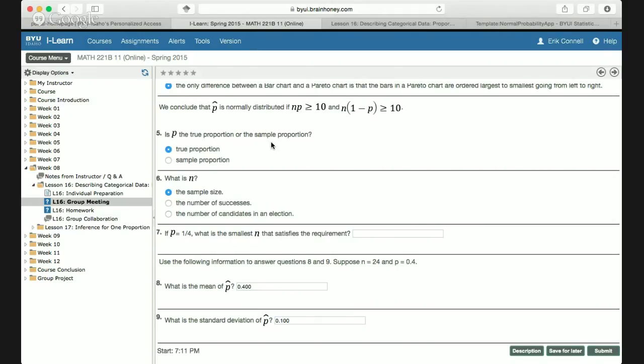So 1 minus p is 0.75 times an n of 40, right? That's what we said. So 40 times 0.75 is 30. So that's greater than or equal to 10, so it satisfies it. So the answer is 40, because that's the smallest amount for it to satisfy the 10 rule. Yeah, because 39 puts it under 10 when you multiply them together.